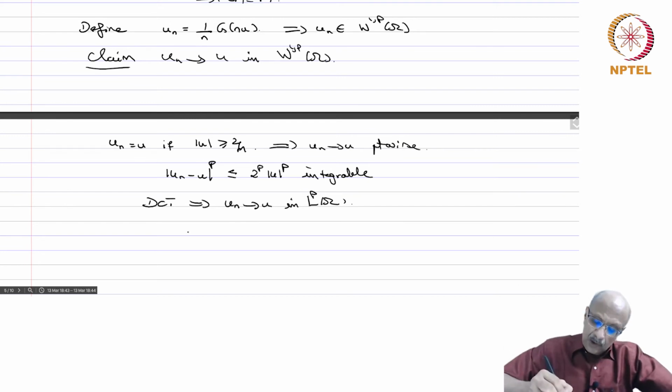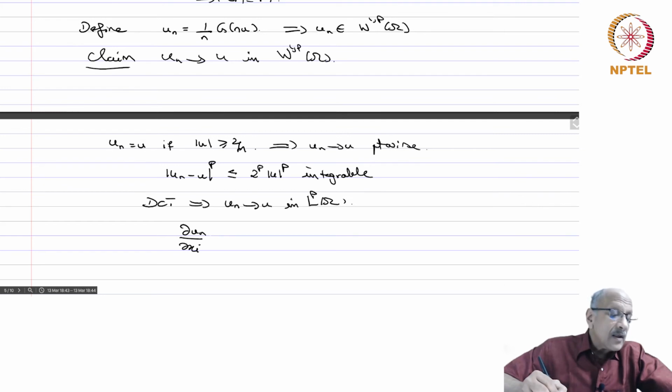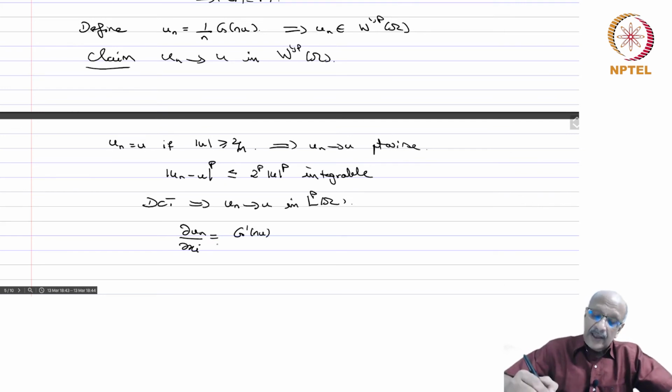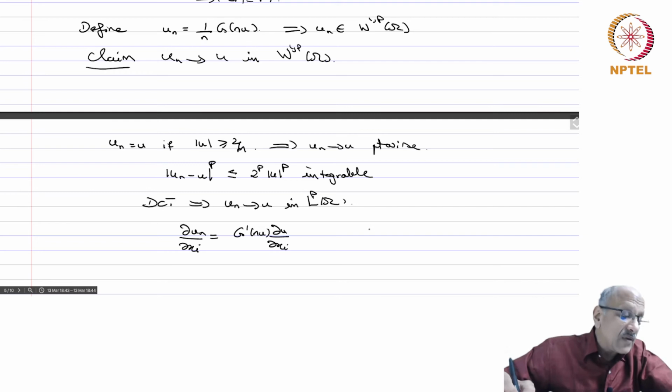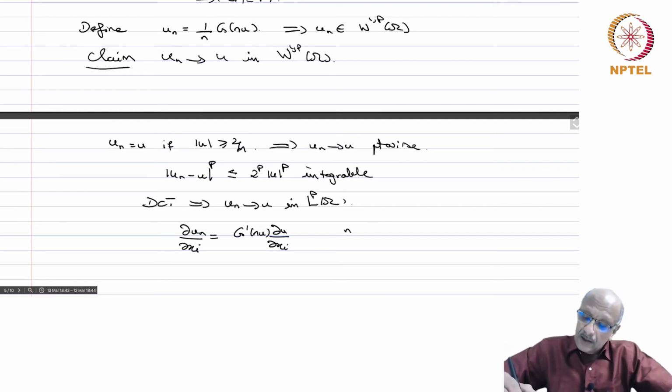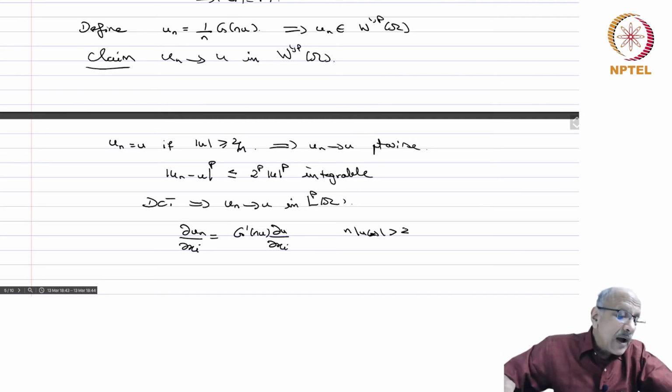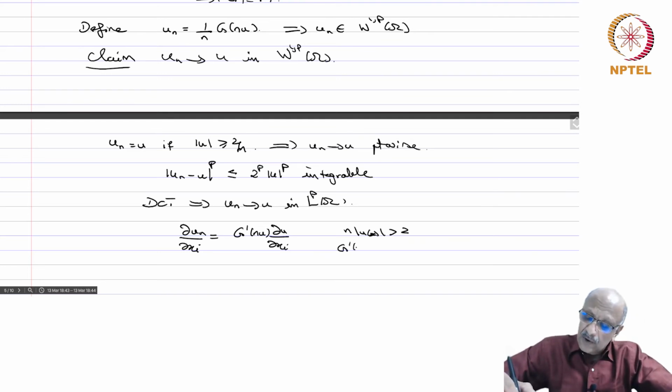Okay. Now what about the derivative of u_n with respect to x_i? That is equal to G'(nu), and then the n gets cancelled, because when you differentiate with respect to nu you get n du by dx_i, and the 1 by n would cancel the n, and therefore you just have this. And if n|u(x)| is greater than 2, again we have G'(nu) equal to 1.